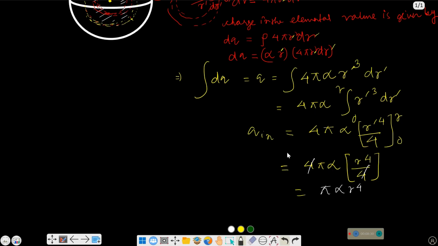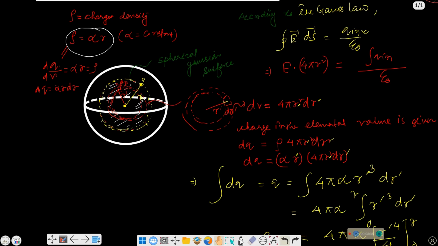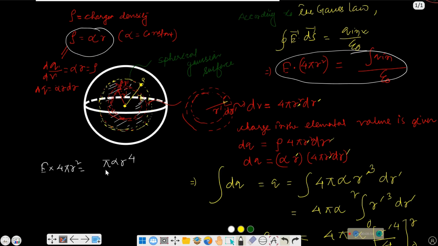So what was our equation from Gauss law? From that equation we can write E into 4 pi r square is equal to q inside, which is pi alpha r to the power 4, divided by epsilon naught. So what will be the electric field?